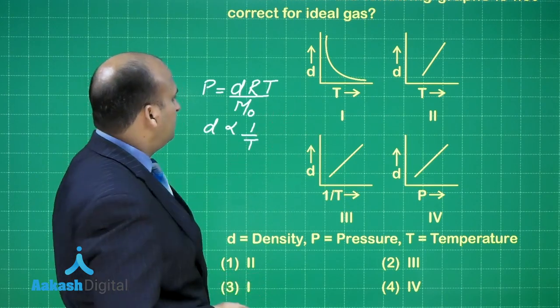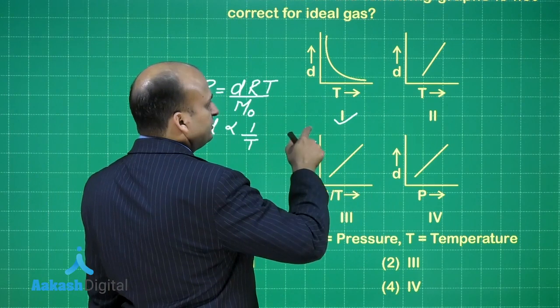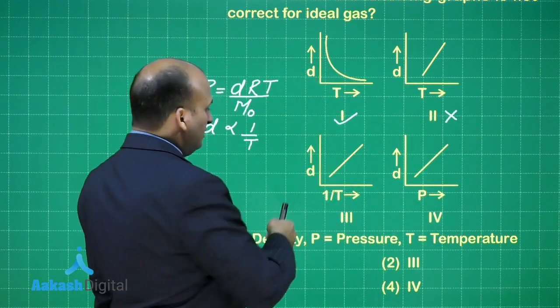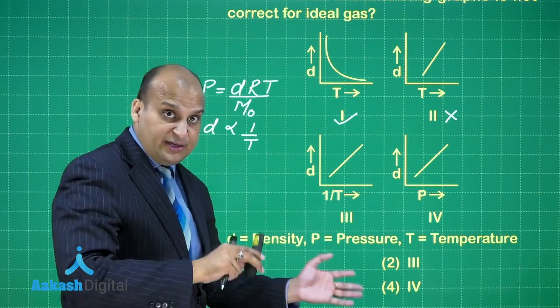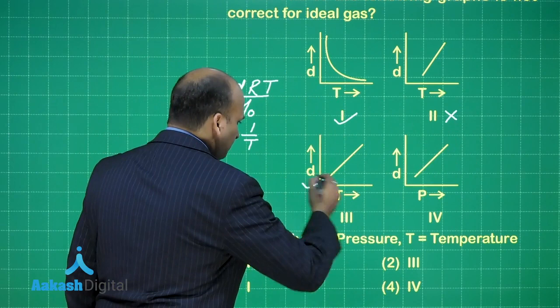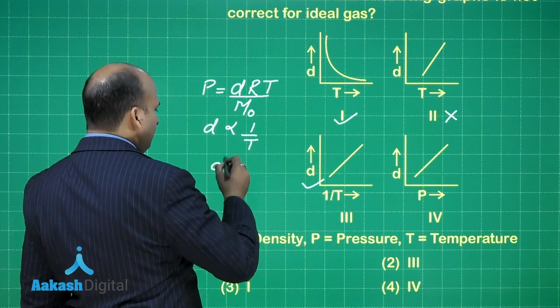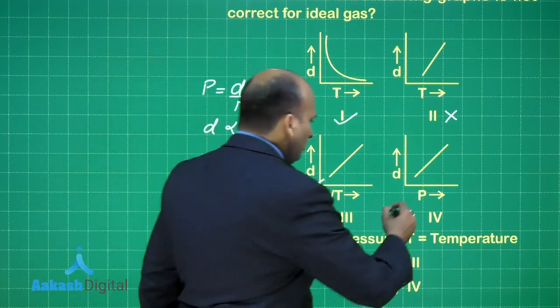So if D is inversely proportional to T, yes, this is correct. If D is inversely proportional to, no, this is not correct, this is wrong. Third, D is inversely proportional to T, and you are making a graph between D and 1 by T, then this graph is right. Okay, last is D proportional to P. From here you can simply see D is directly proportional to P. So this graph is also correct.